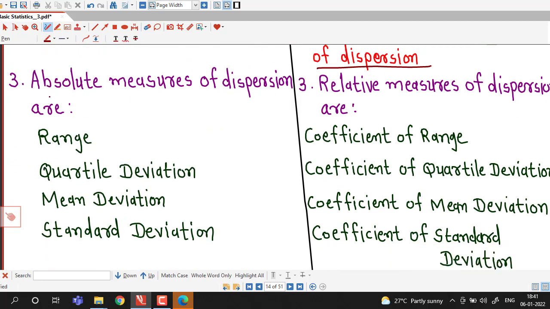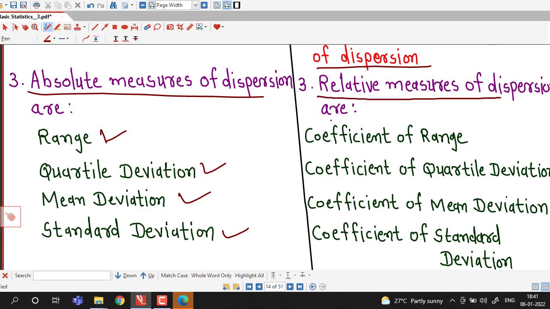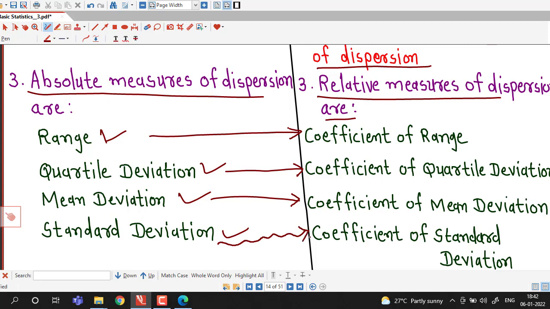These are the absolute measures of dispersion: range, quartile deviation, mean deviation, standard deviation. The corresponding relative measures of dispersion are: for range, the coefficient of range; for quartile deviation, the coefficient of quartile deviation; for mean deviation, the coefficient of mean deviation; for standard deviation, the coefficient of standard deviation.